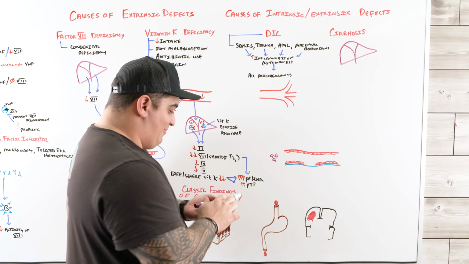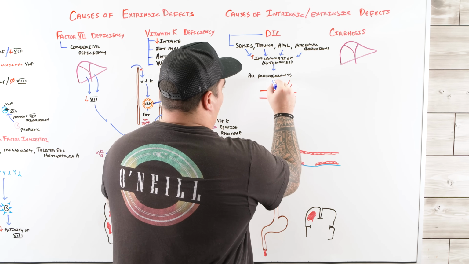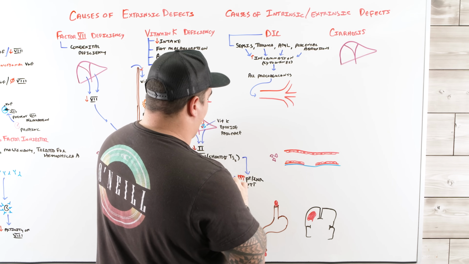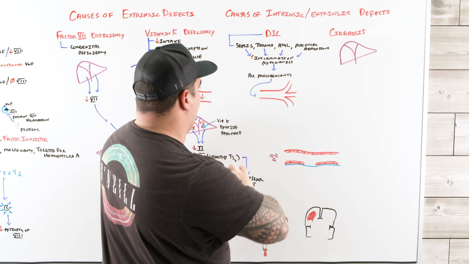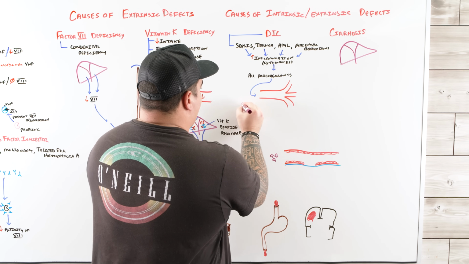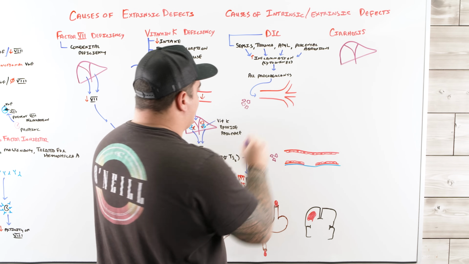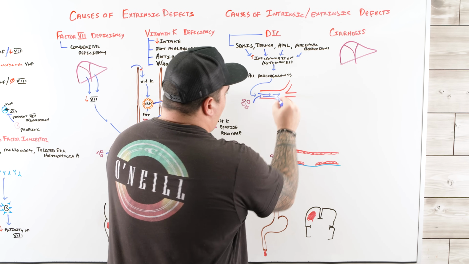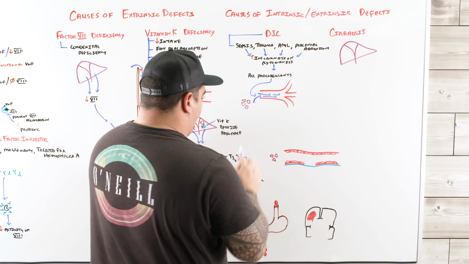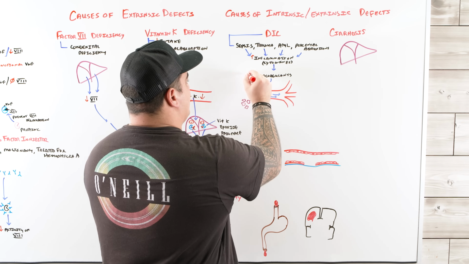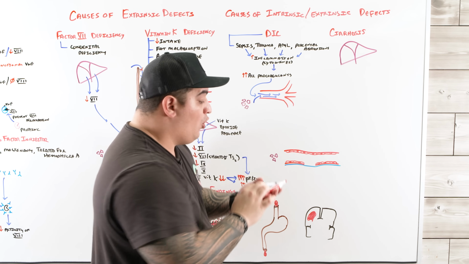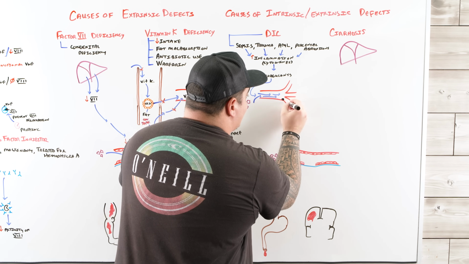Then what happens is these procoagulants in combination with platelets. So let's represent a couple different platelets that are moving here as well. These platelets are also going to be incorporated into this process. And what happens is the combination of platelets and this increased activity of procoagulants leads to widespread thrombosis.